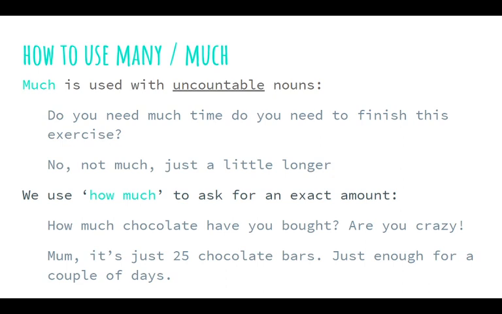Mom, it's just 25 chocolate bars, just enough for a couple of days. So we ask how much for chocolate, that is an uncountable noun, and we reply with chocolate bars, because we can count the chocolate bars directly. He's bought 25 chocolate bars just to annoy his mom.